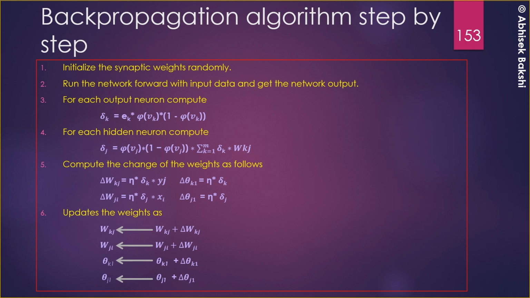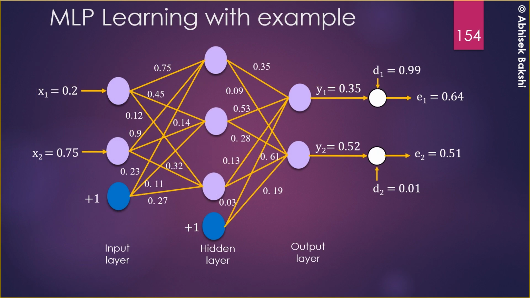So basically, last day at the end of the class we formulated the list of steps that we have to follow if we try to create a multi-layered perceptron, and we also took a use case with a small example.